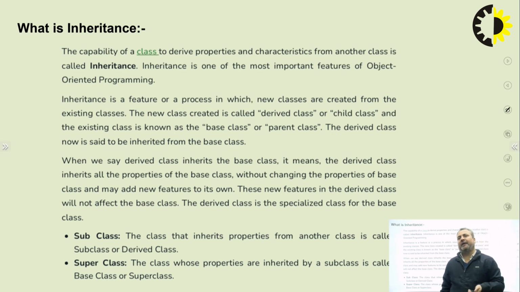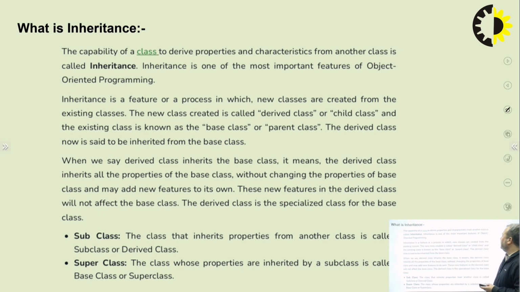Ultimately they can inherit the data and even the mechanism implementation of existing classes, right? So inheritance is the capability of a class to derive properties and characteristics from another class, right? So it is a feature, or you can say a process, in which new classes are created from the existing classes.